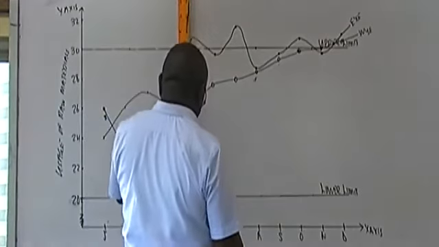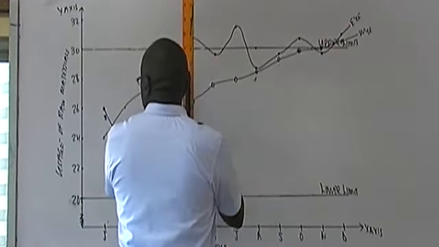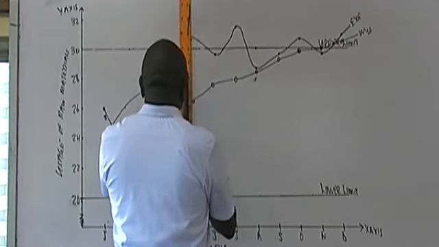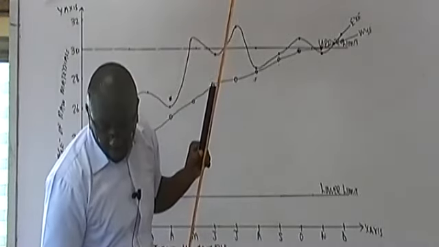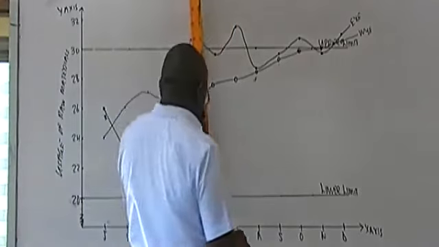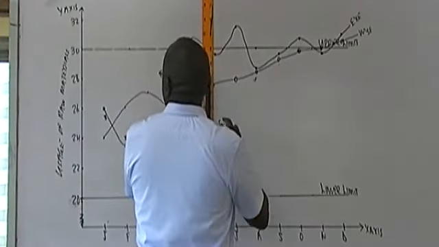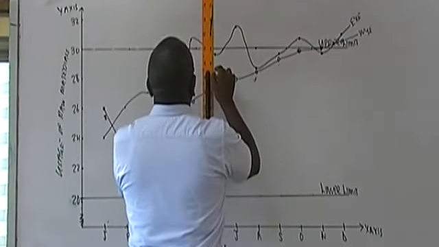23,000. 23 is 24. So 23 must be here. 28 to 50. Somewhere here.